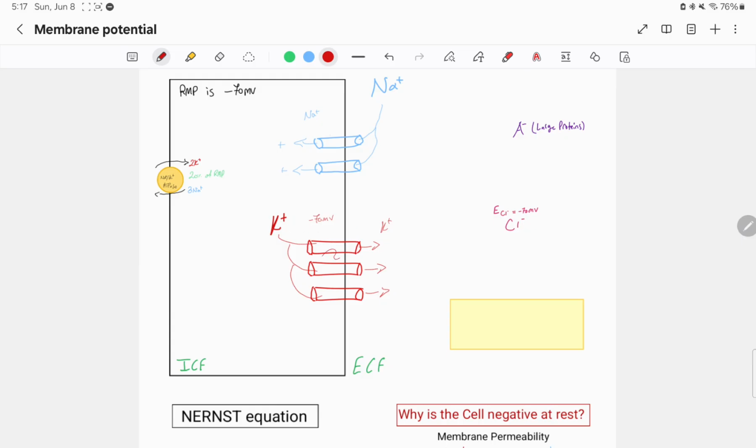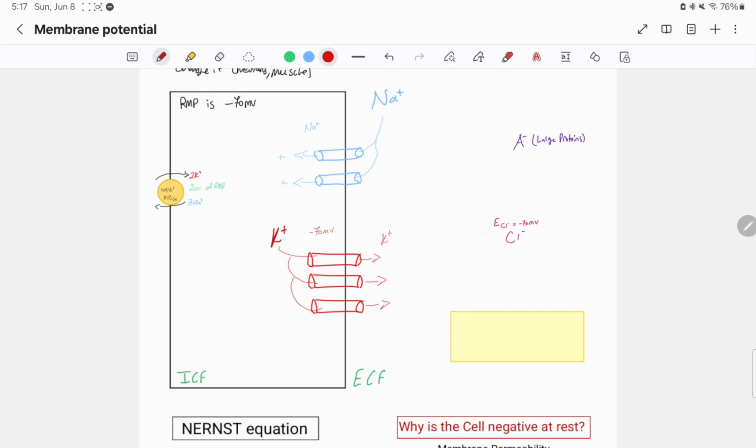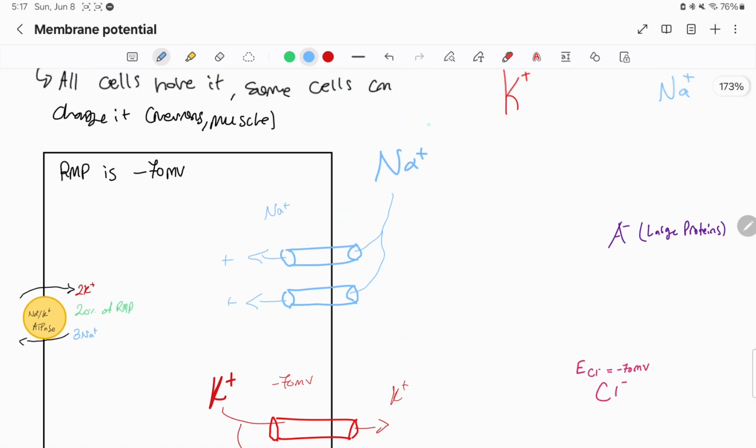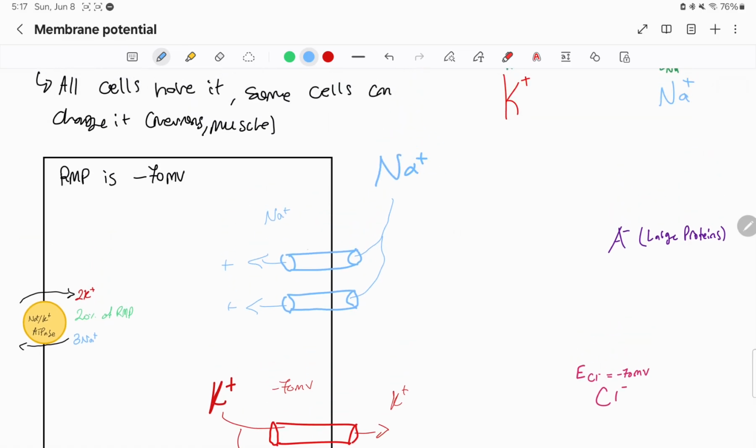Potassium, we know its concentration gradient is telling it to go outside, and we know sodium's concentration gradient is telling it to go inside. But you know it's an ion, it has a charge, so we have to talk about its electrical gradient. Well, if the inside of the cell is truly negative 70 millivolts, right, which means it's more negative than outside, then positive likes to go towards a negative area.